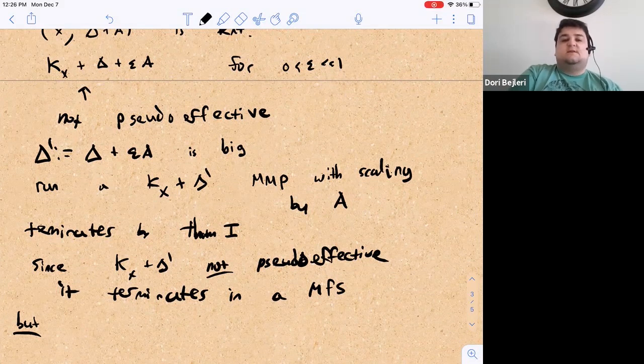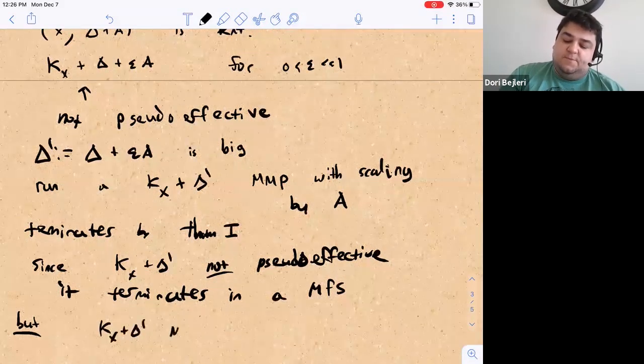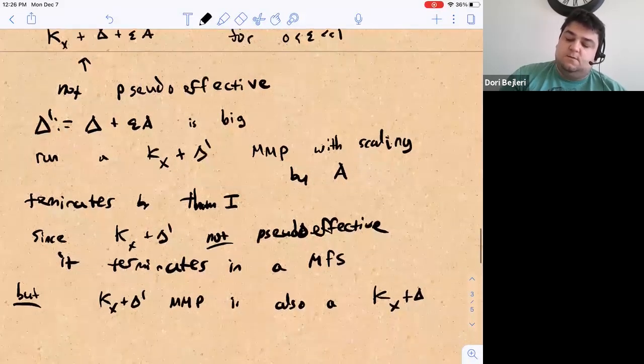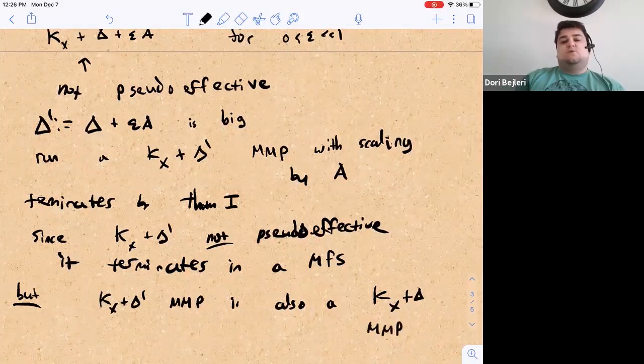And so kx plus delta is still negative on those curves. So any kx plus delta plus epsilon A negative curves are also kx plus delta negative curves. And so the kx plus delta prime MMP is also a kx plus delta MMP. And so we've produced a kx plus delta MMP, which terminates in a Mori fiber space.